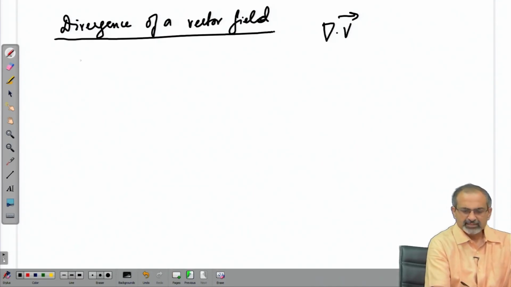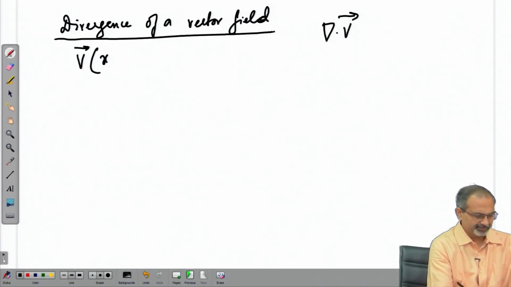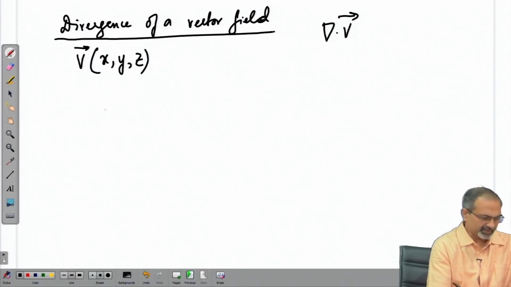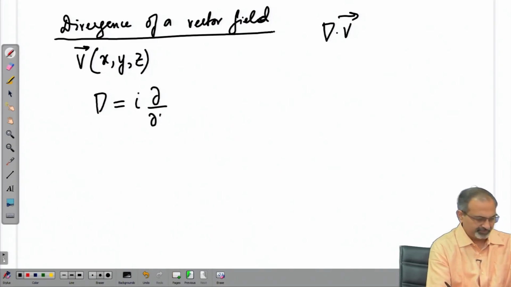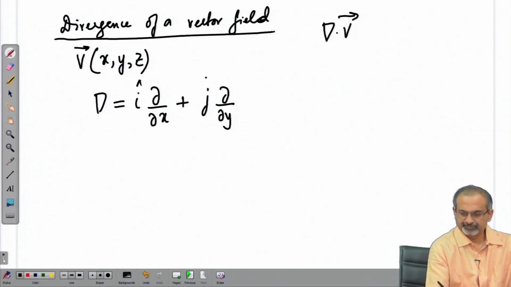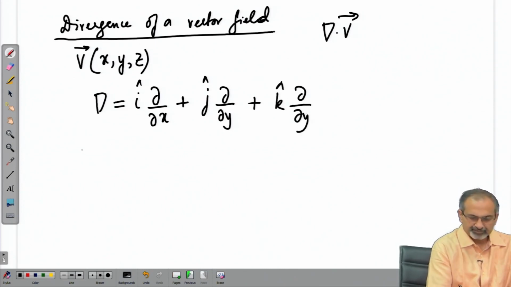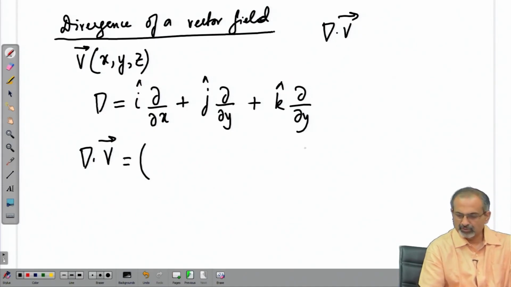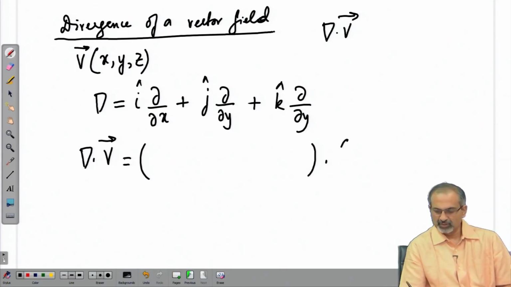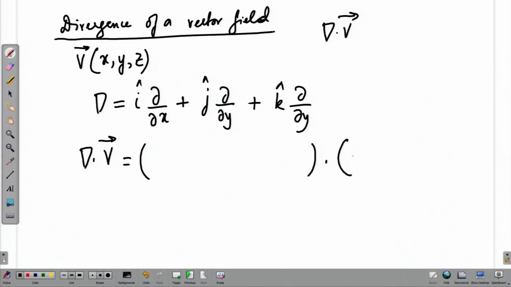So, in general, if you take a vector field in the x y z space, we will define the del operator and we will dot it with the vector v. Let us say the vector v in general has components v x, v y, v z.